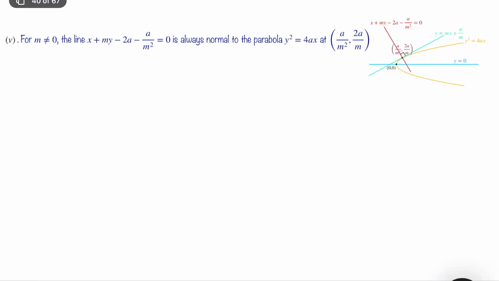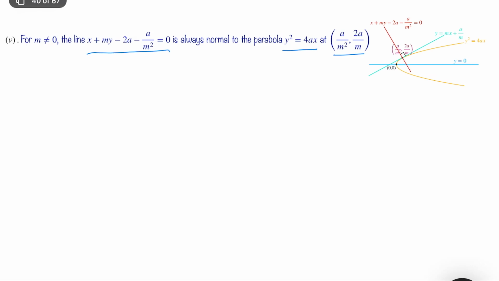For any m not equal to 0, the line x plus my minus 2a minus a by m square equal to 0 is always normal to the parabola y square equal to 4ax at a by m square comma 2a by m.